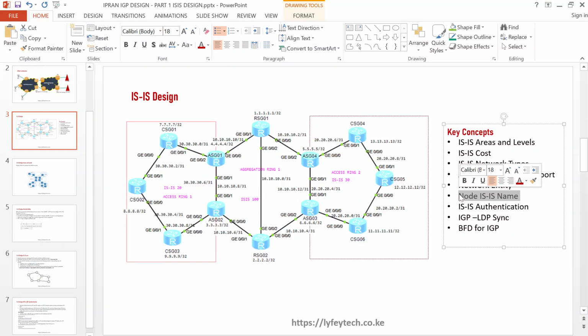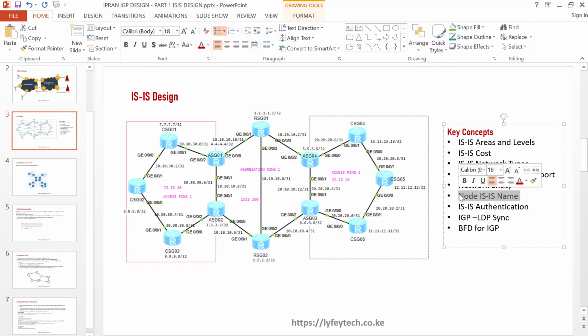But remember, when you are implementing authentication, you need to ensure that the authentication keys match on both ends of the interface, or if you are configuring it globally, it should match on each and every router for the peering to be established. If you mismatch, then the peering will not come up. So it has to match on both ends for the peering to come up.